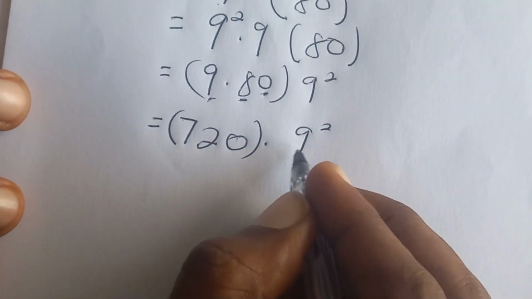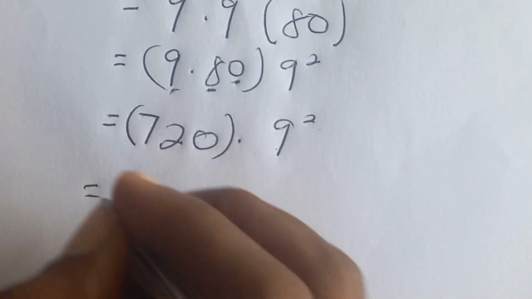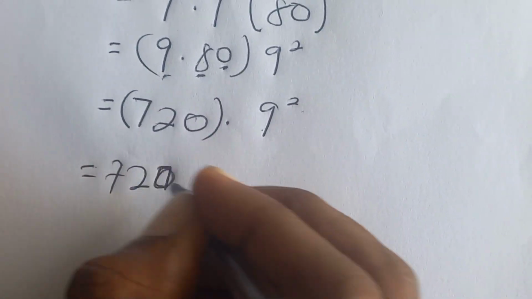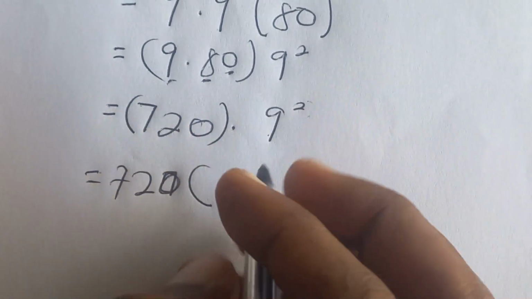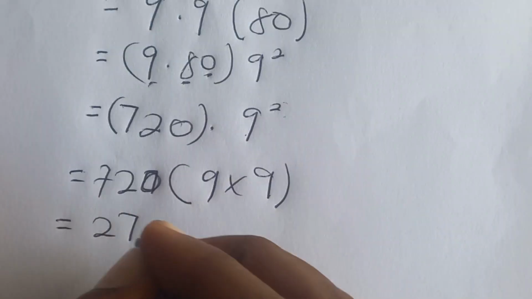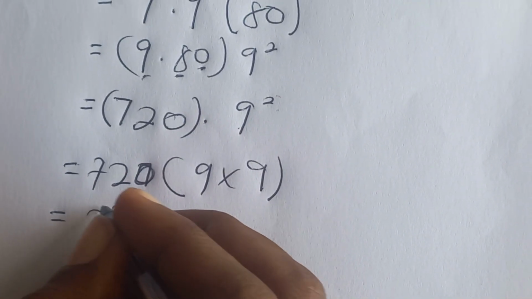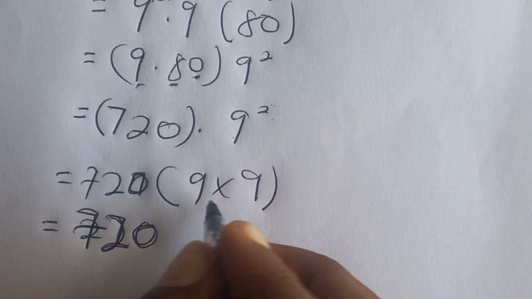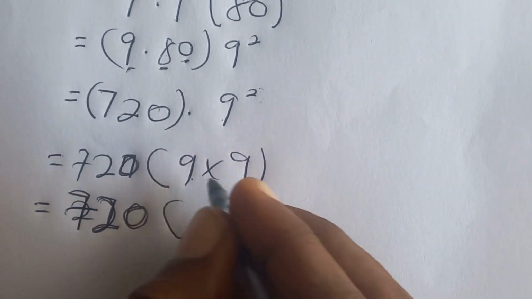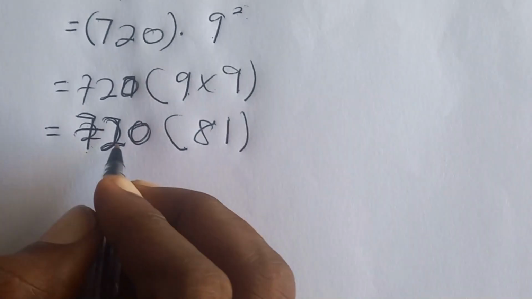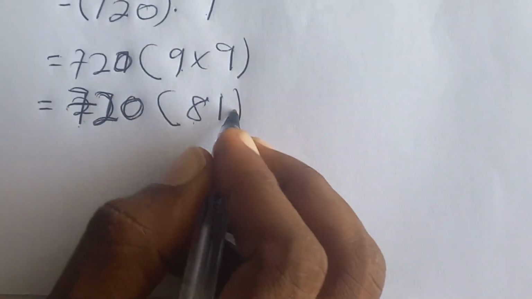Okay, and 9 squared, you know that it is the same as 9 times 9. So we have 720 multiplied by 9 times 9, which is 81. Okay, 720 multiplied by 81.